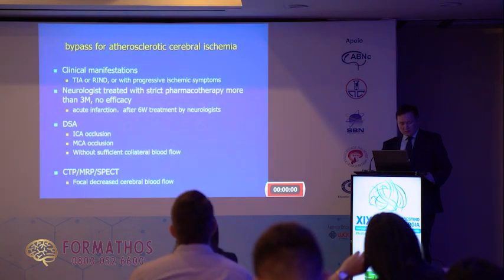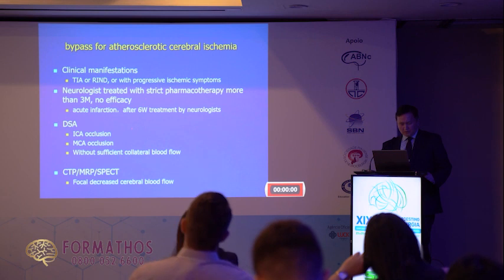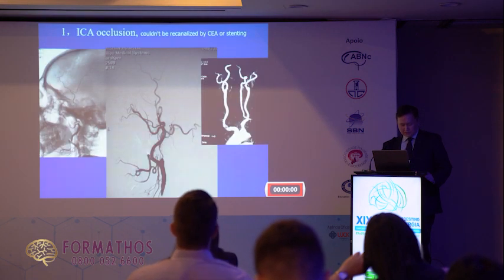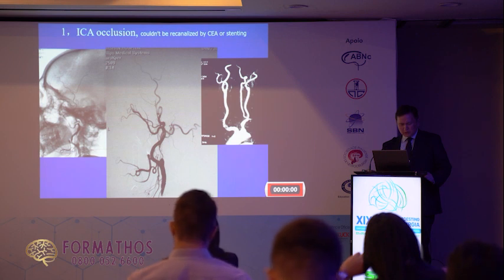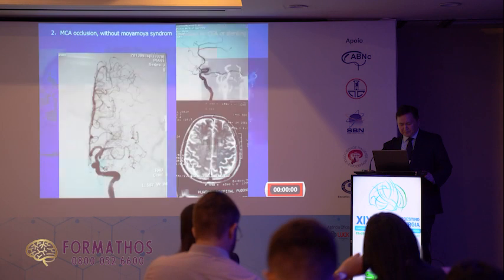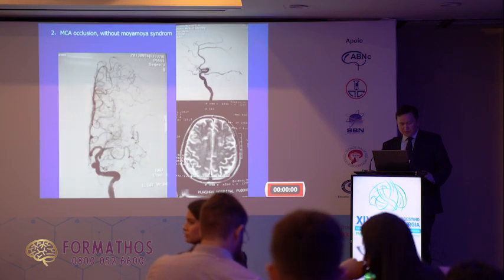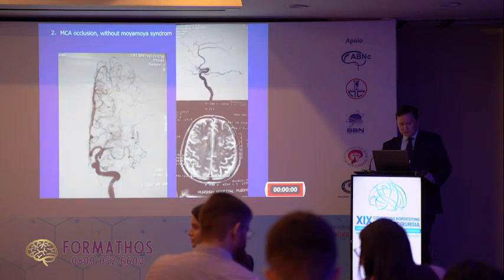The latest bypass indication is atherosclerotic cerebral ischemia. Normally, this is ICA occlusion, a very long segment, so it's very difficult and couldn't be canalized by CEA or stenting. This is MCA occlusion without Moyamoya syndrome.